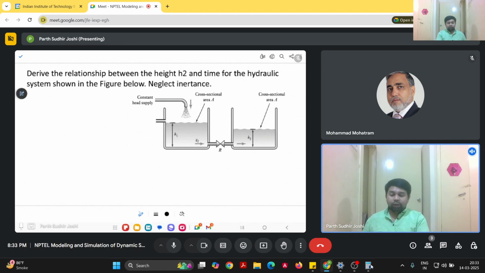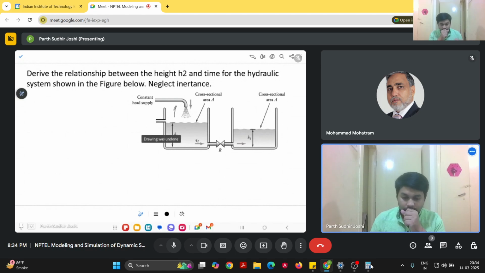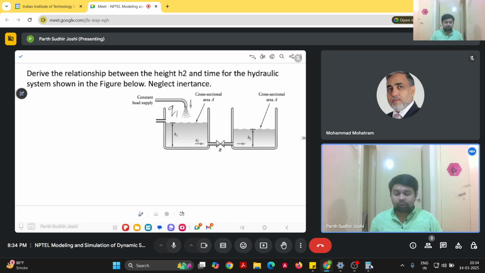So here we have been given two containers where there is a constant head supply. Let us say there is a constant flow rate Q1 at which the liquid is being supplied, and the liquid levels in the two containers are H1 and H2.